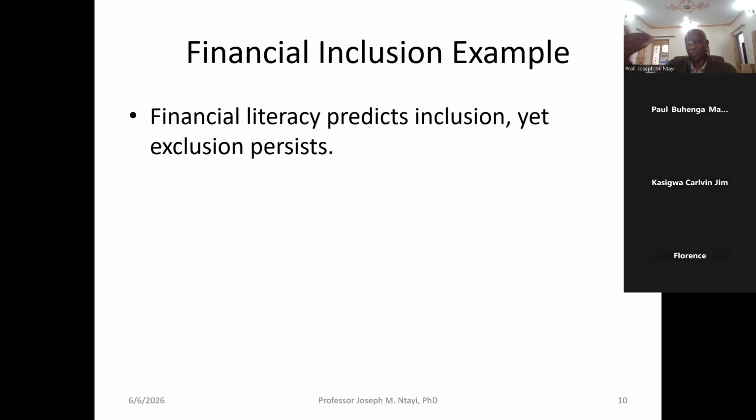So this contradiction that exists in literature raises a scholarly problem which must be studied. The implication here is that financial literacy alone does not sufficiently explain financial inclusion outcomes, especially in institutionally constrained environments, and of course, an environment that has all those gendered and technological aspects.